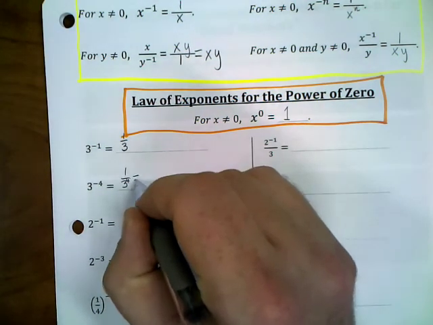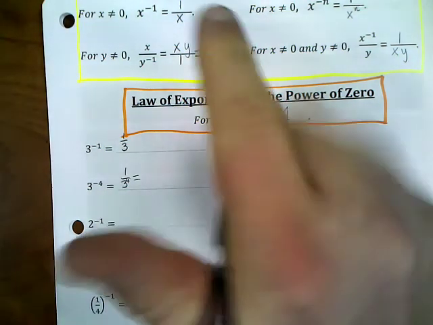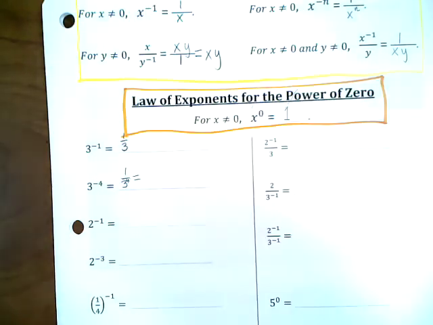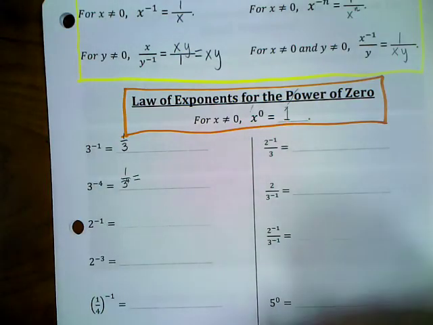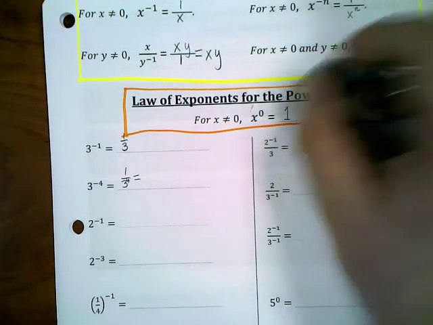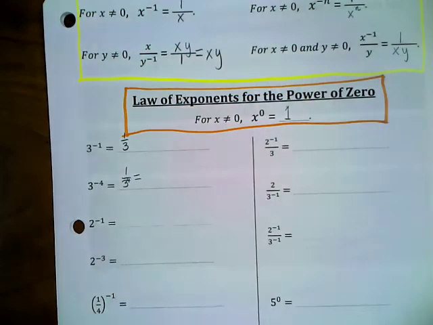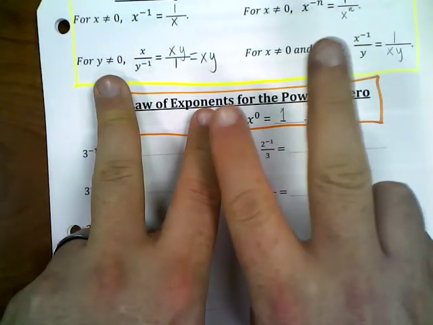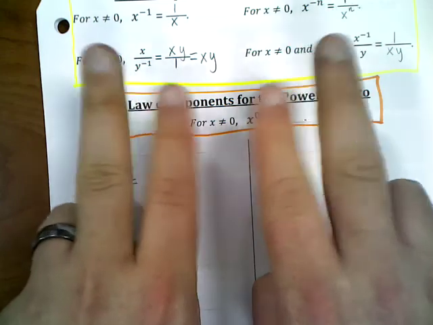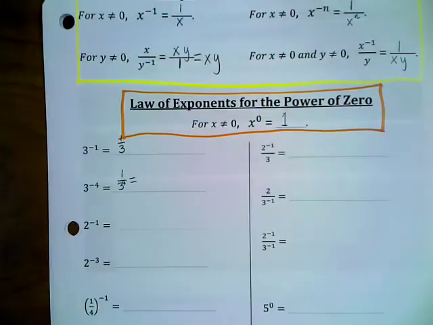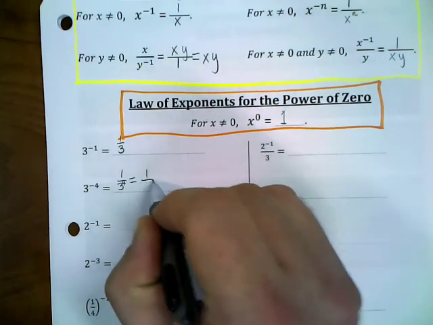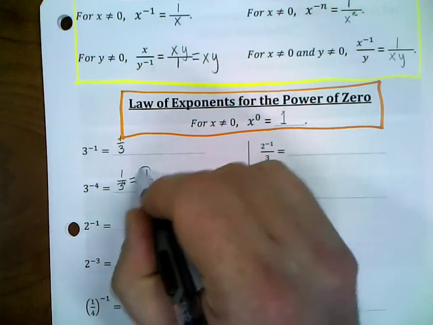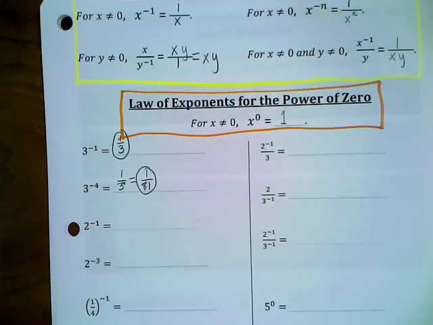So 3 to the 4th power means 3 times 3 times 3 times 3. You might go 3 times 3 is 9, and 3 times 3 is 9, and then put your two 9s together. 9 times 9 is 81. So this is 1/81.